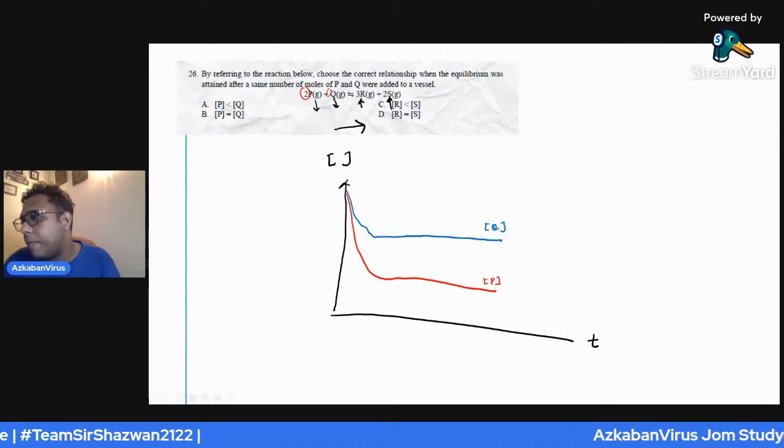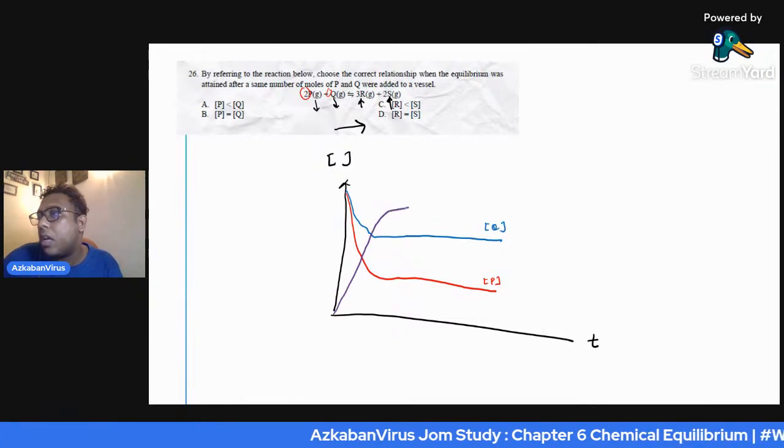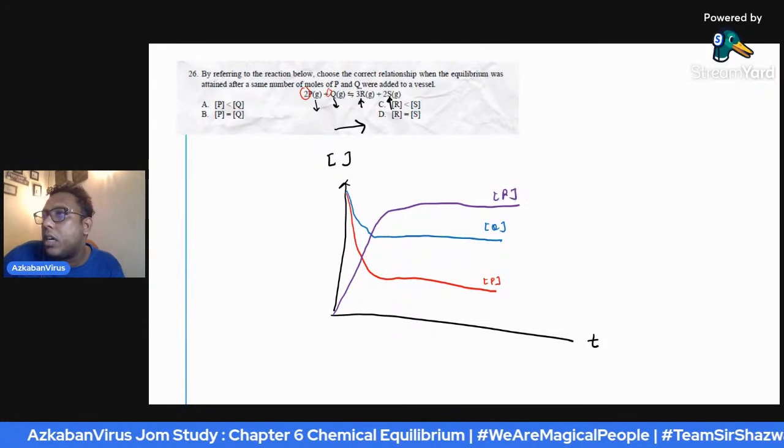Untuk R pula, R akan meningkat dengan sangat cepat. Sebab dia 3.